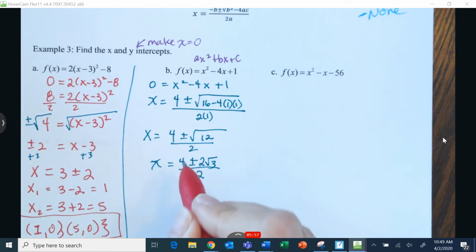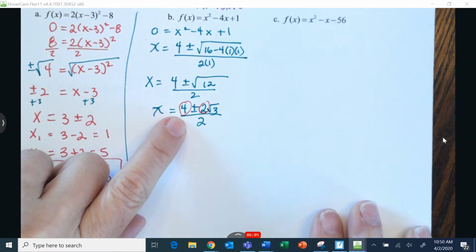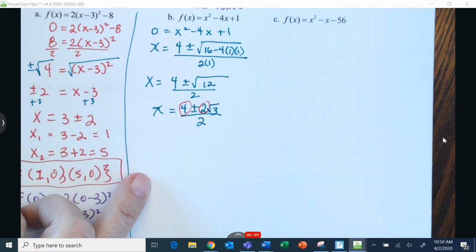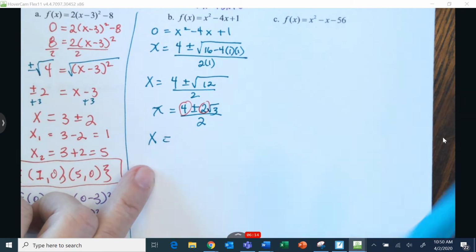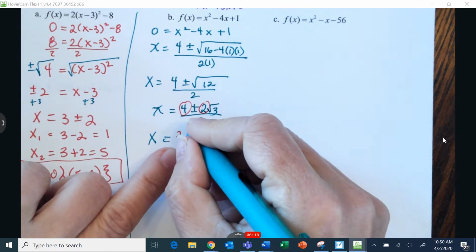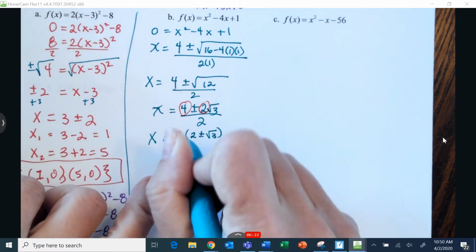Now I do notice that on top, both terms have a greatest common factor. So I'm going to factor out the 2 from the numerator. I'll do it in different colors so you can follow. I'm factoring out 2. I have left over 2 plus or minus square root 3 over.